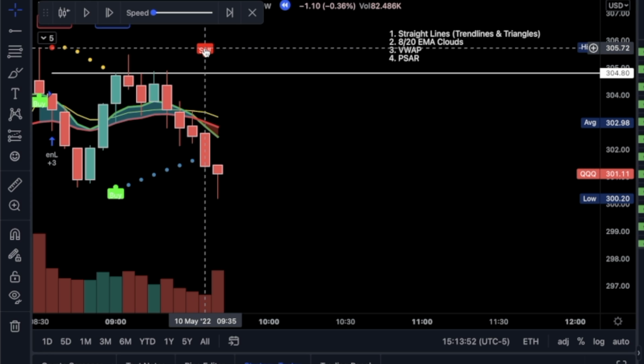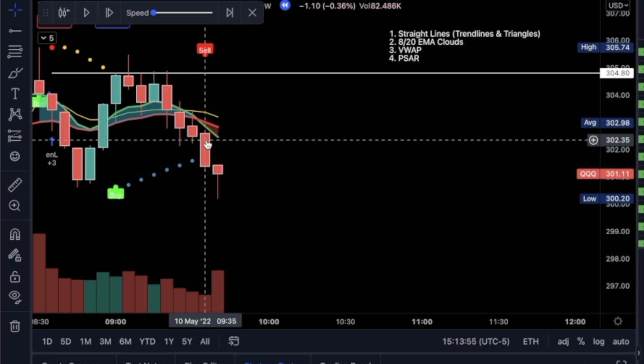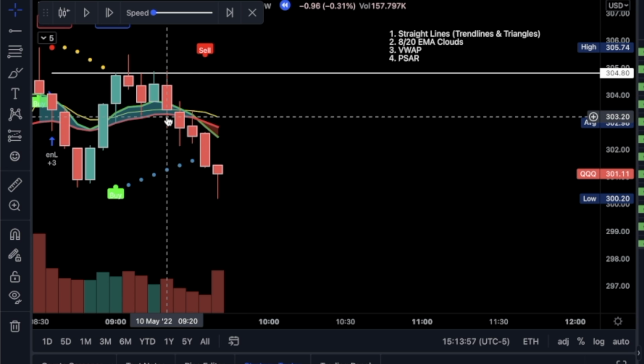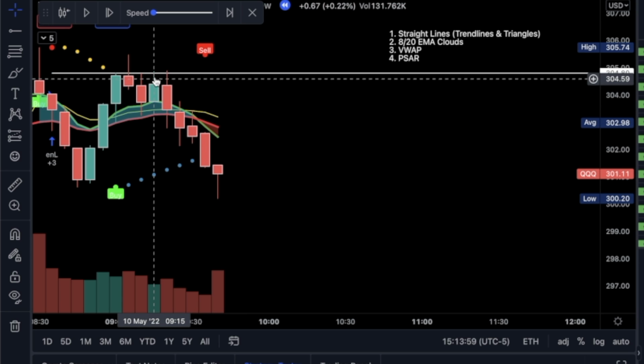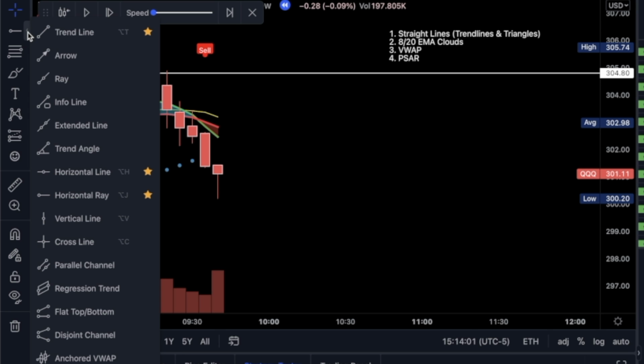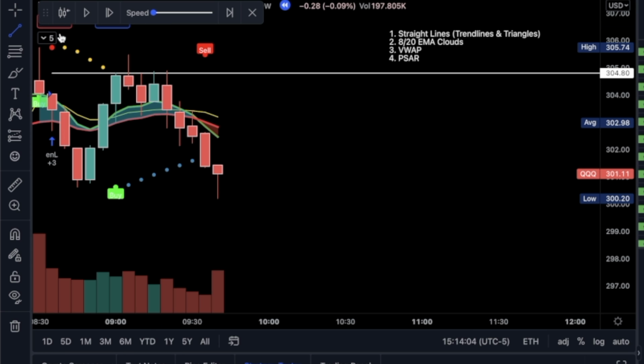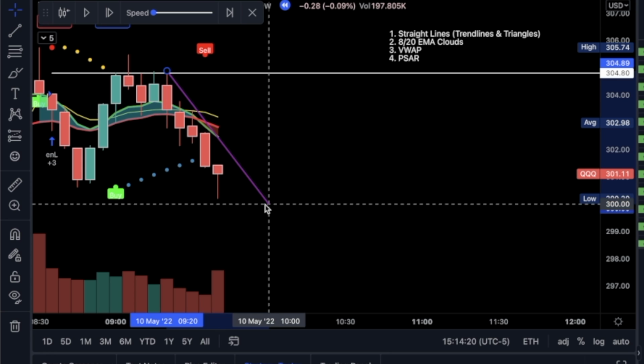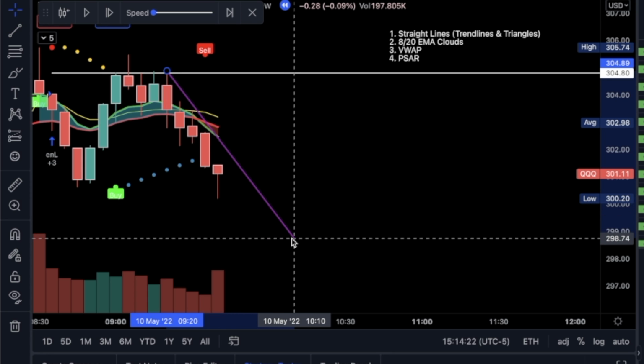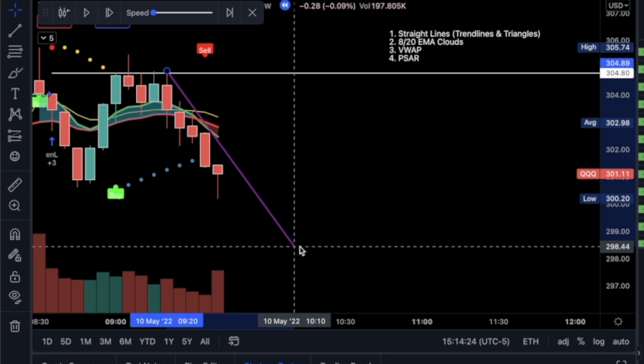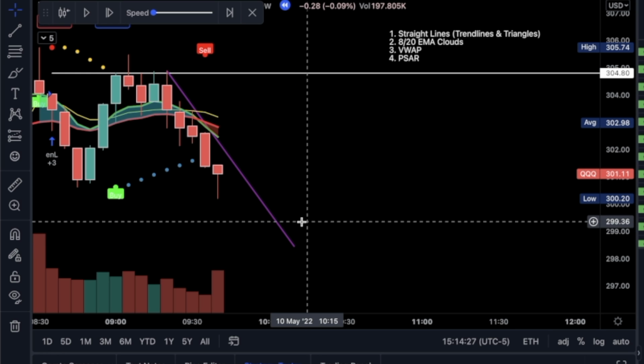Are we on the right track? You can see PSAR lagged a little bit. The 20 EMA and the resistance that we saw on the day gave a pretty good indication that we could enter puts. For right now, we'll just draw a trend line where we can see a very clear trend line as we go.